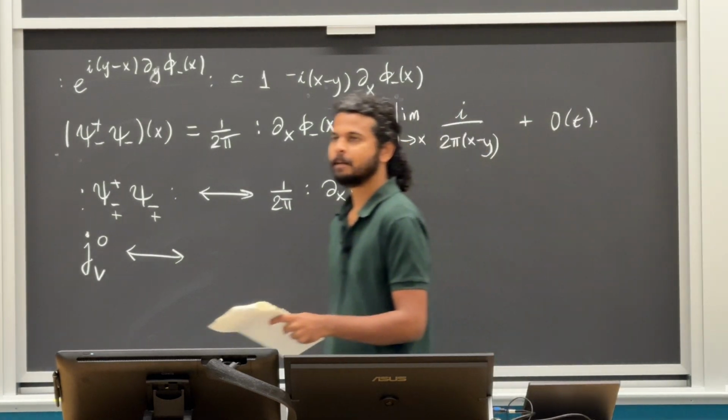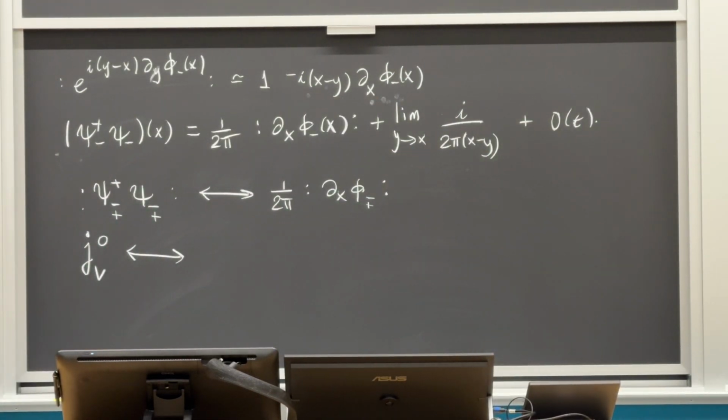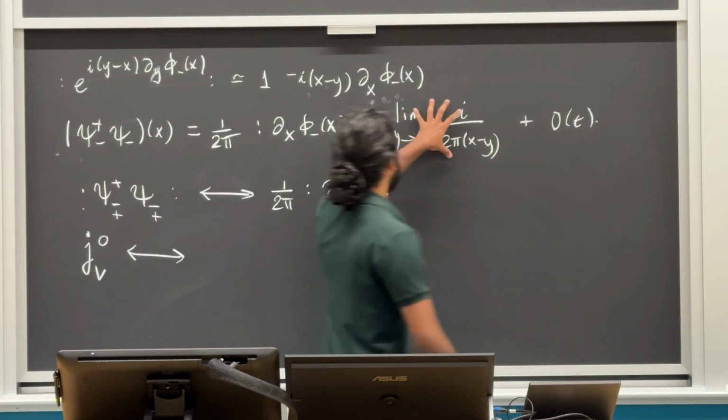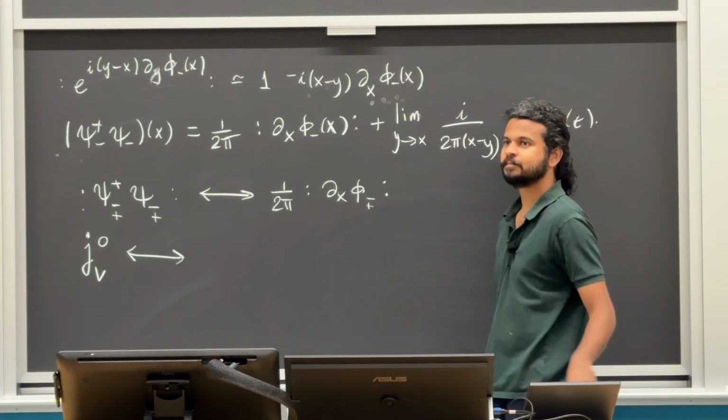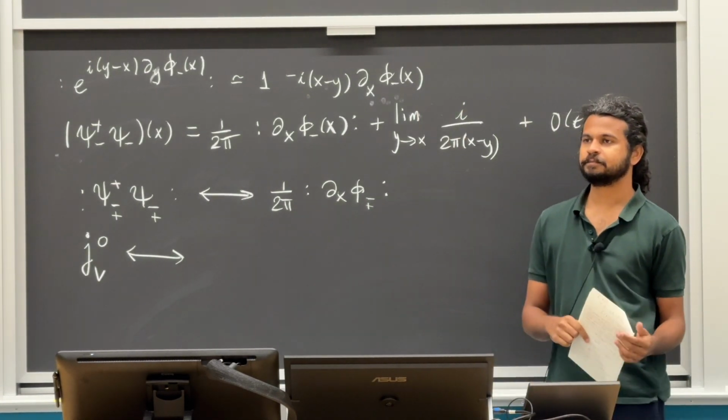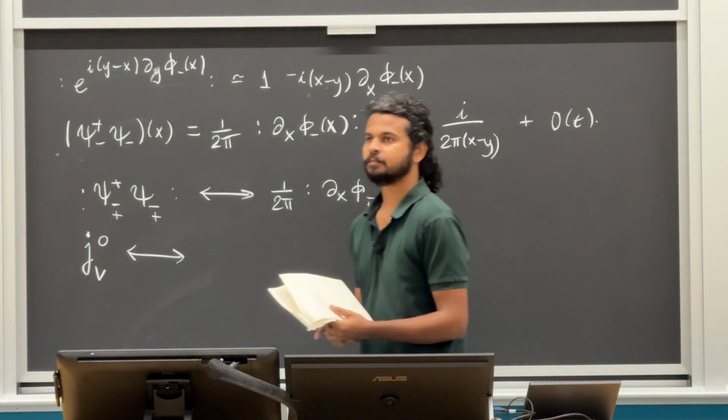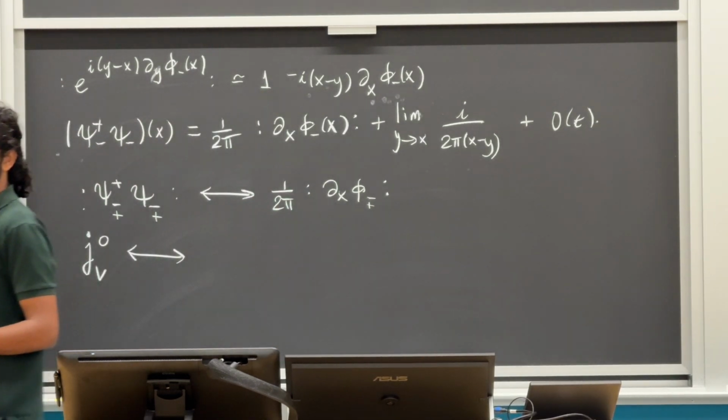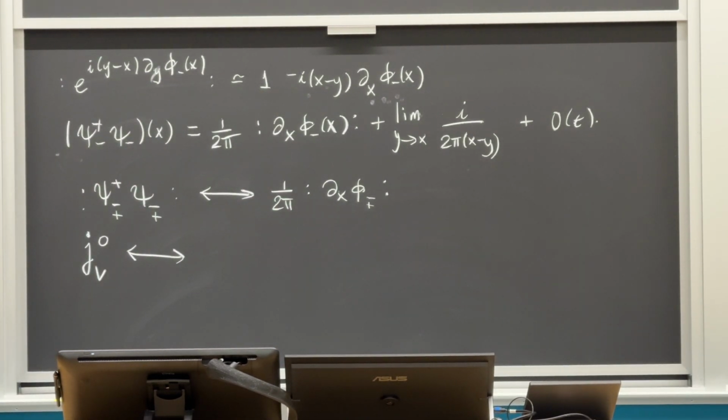Why did you put the normal ordering around the sides? That just means I'm going to subtract off this bit. Is that like normal ordering in the standard sense, or is that just another notation? I think it's ultimately the same, but people use normal ordering in these two senses.